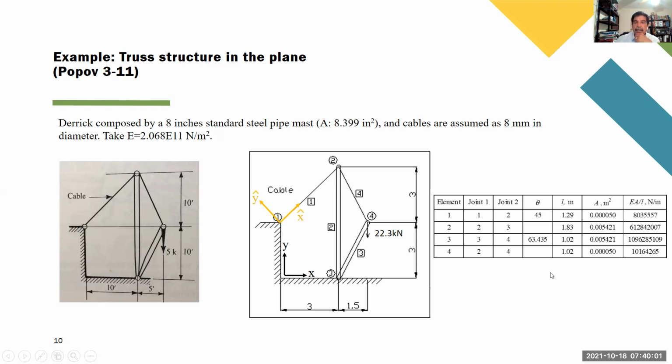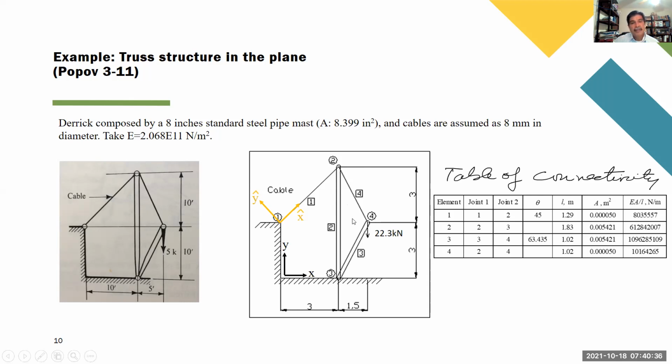So this is what we call the table of connectivity. Here in this chapter and in chapter 2, we're going to be interested in this information. When you go up to and use ANSYS, you don't have to worry much about it, except that this word connectivity is very important.